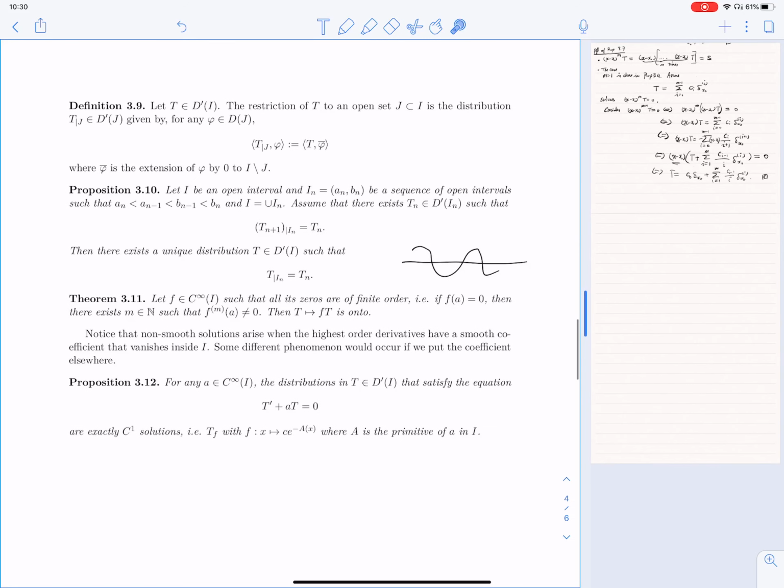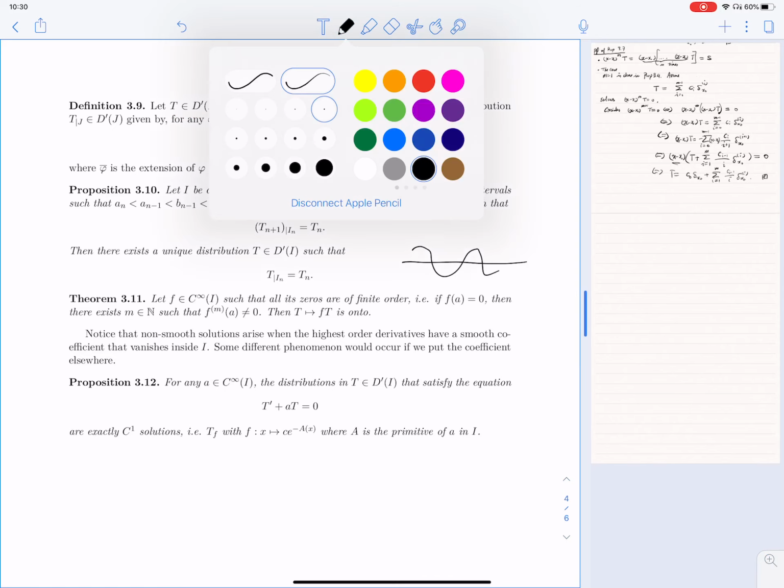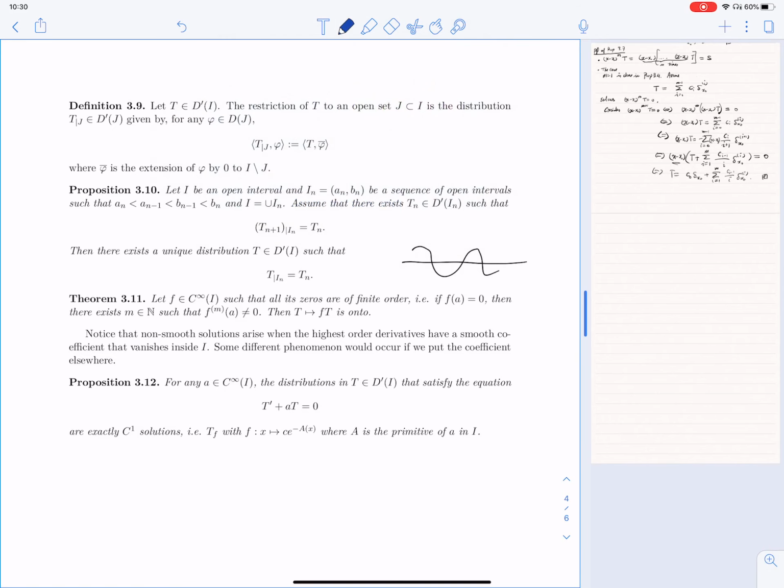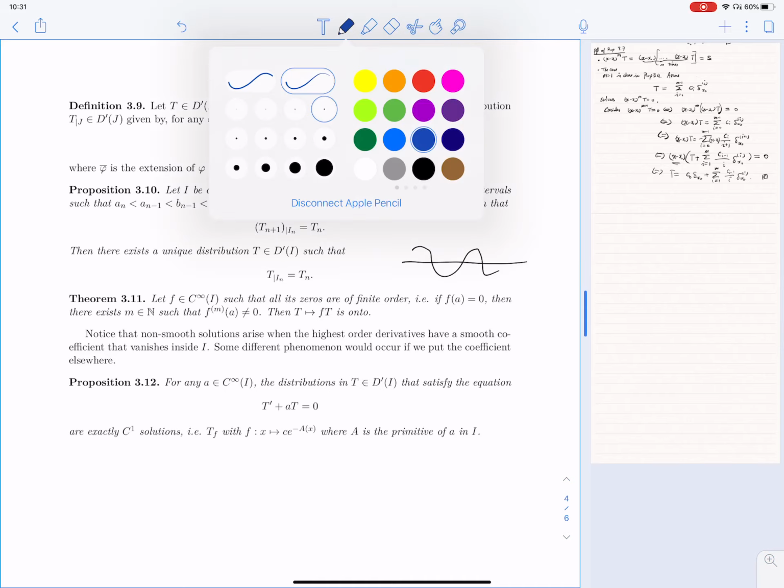First of all, I'm going to define the so-called restriction of a distribution on a subset. This is definition 3.9. We are given a distribution. Here I have two intervals instead of just one, so I'll be careful. This is our first interval, let's call it I, and there will be another interval.